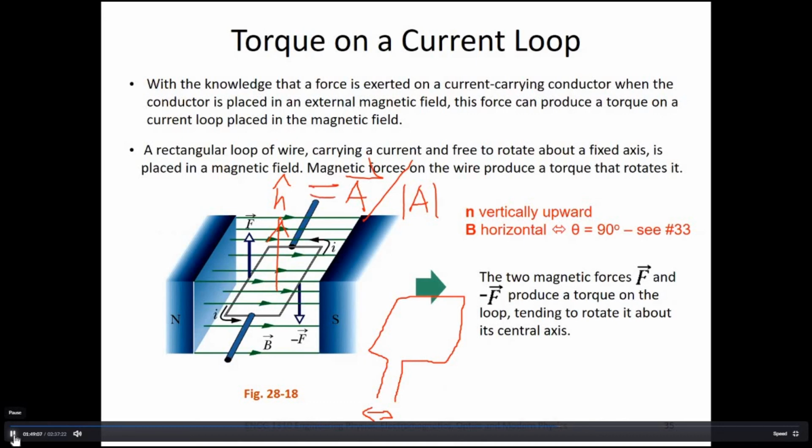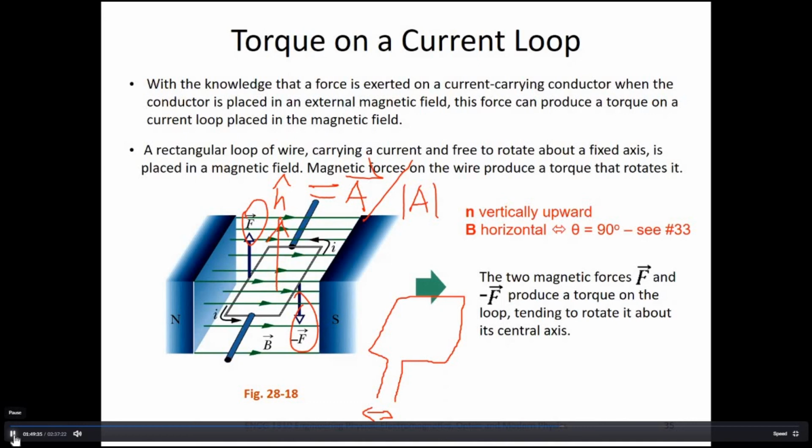So that we can check the two magnetic forces, F and minus F, which are reversed in direction. Here we want to calculate how much torque is generated on the loop and how to make it rotate along its central axis. This is actually the reason we can build the rotational motor, and the AC current output.